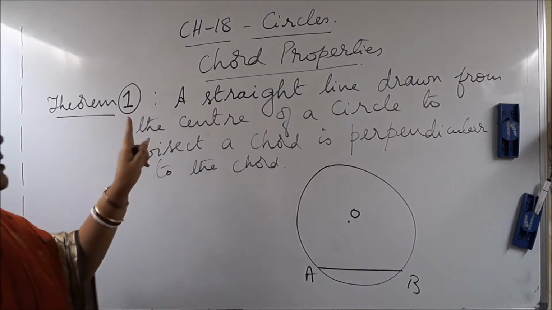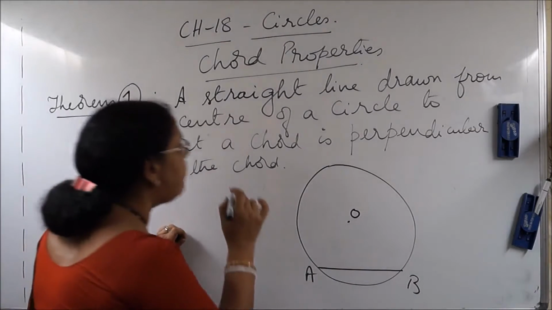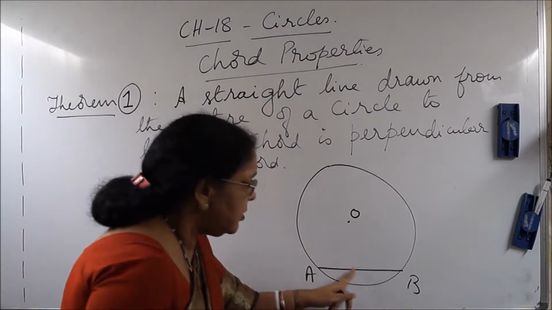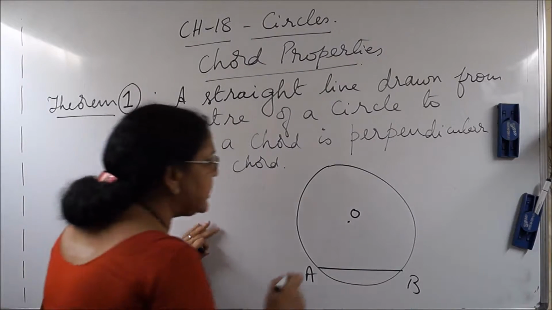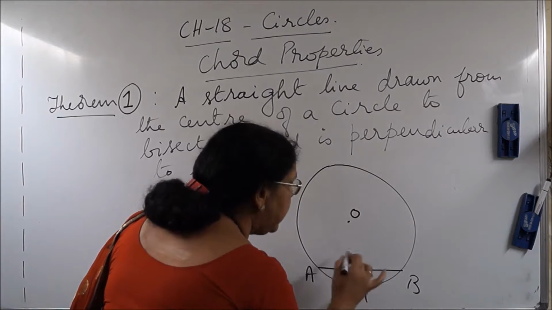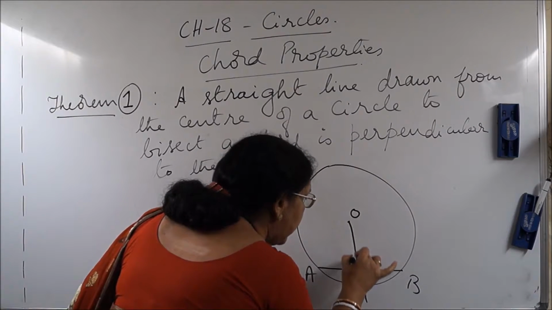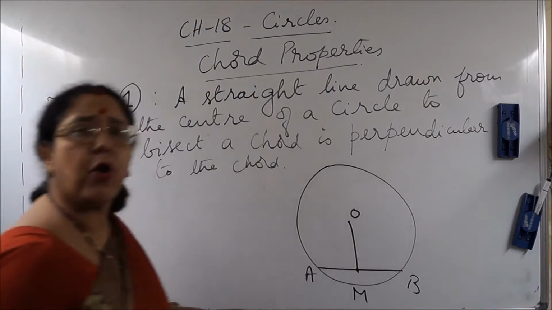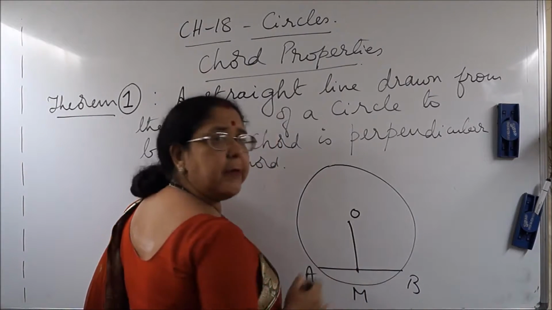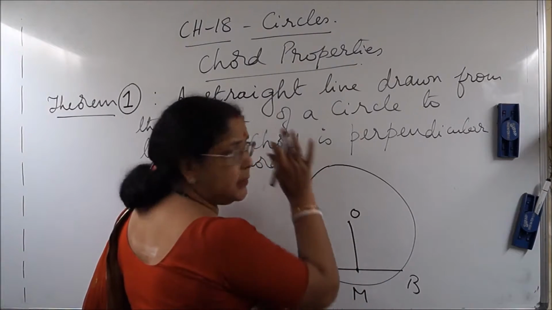Now a straight line is drawn from the center of a circle to bisect a chord. Bisect a chord means what? It joins the midpoint of the chord. So let us consider M is the midpoint of the chord. So that means the straight line will pass through the midpoint of the chord AB. That is what is given.